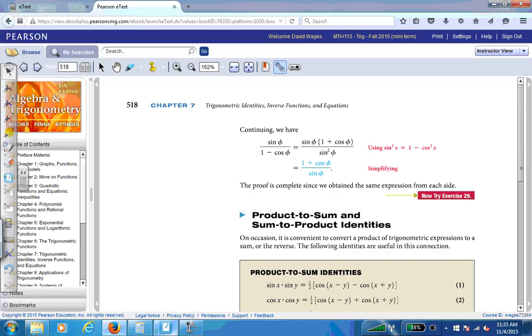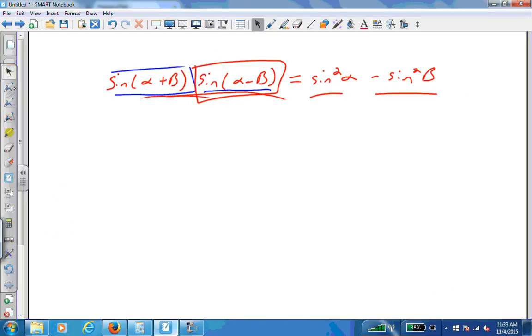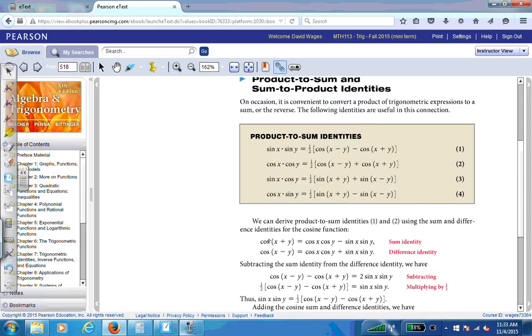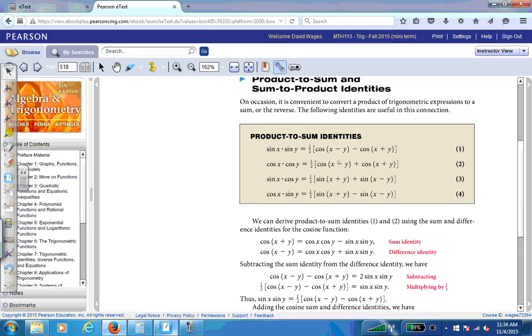Here, notice we have an identity for a product of two sines. So we're going to call this angle X, this angle Y. So this identity says take half of cosine of the angles subtracted.